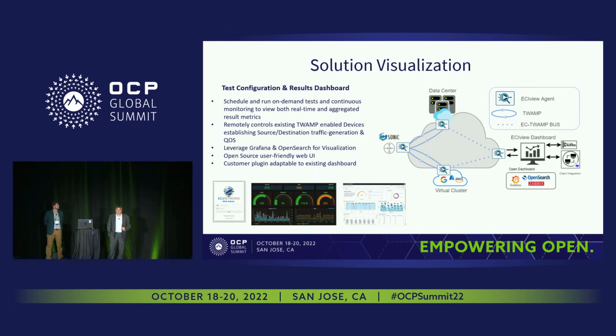So that's the really interesting part of this, the ability to do QoS and provide results through your network. The ability we've embedded in there is the ability to leverage Grafana and OpenSearch as well for visualization. And then we've also have an integrated UI, user-friendly and adaptable as well to the different environments out there.